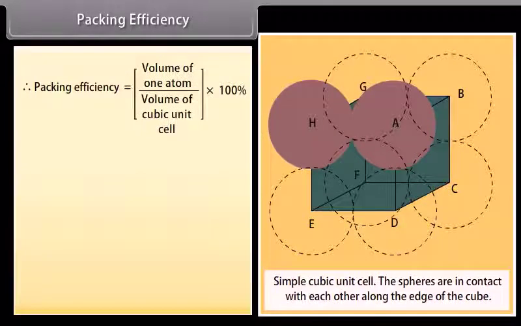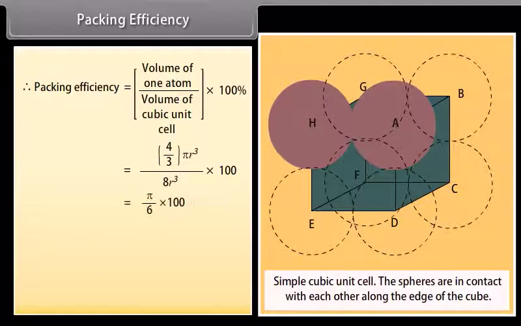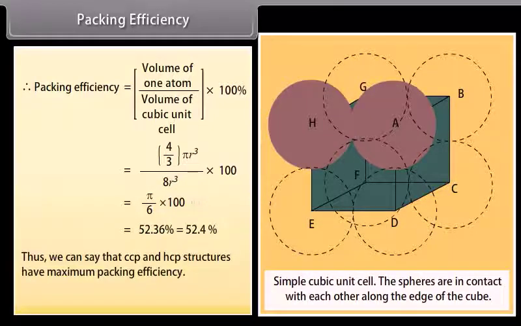Therefore, packing efficiency is equal to volume of one atom upon volume of cubic unit cell times 100%, which is equal to 4/3 pi r cube upon 8r cube times 100, which is equal to pi/6 times 100, which equals 52.36%, which is equal to 52.4%. Thus, we can say that CCP and HCP structures have maximum packing efficiency.